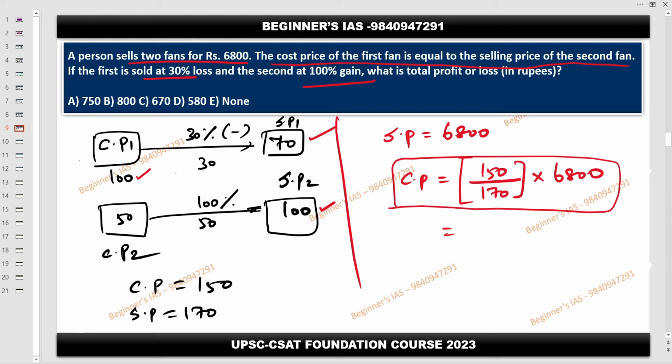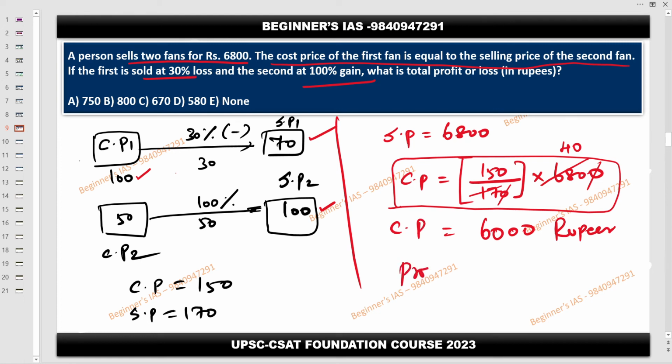Then we can cancel this one, 0 cancel. Then 680 divided by 17. 17 fours are 68, therefore 40. Then 00, 15 fours are, so this is the CP.